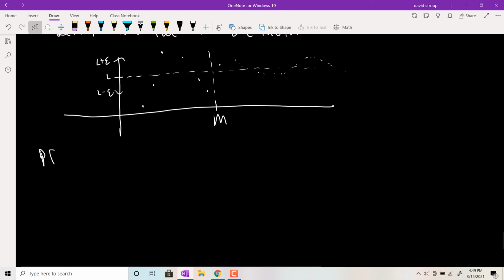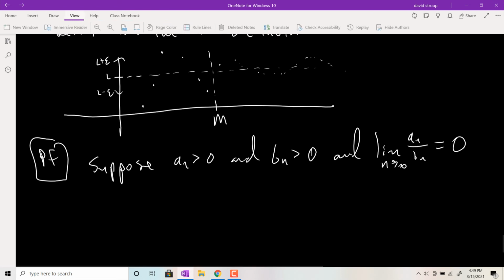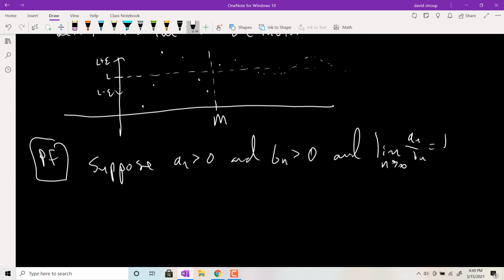So our proof, here we go. So we're supposing our conditions a sub n is greater than 0 and b sub n is greater than 0, and the limit of the ratio of a sub n over b sub n as n goes to infinity is equal to some number L, which is greater than 0 and finite.